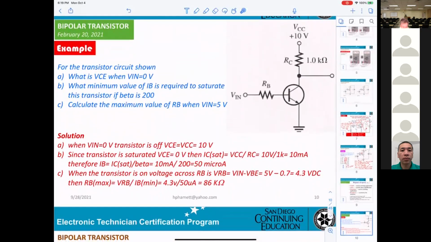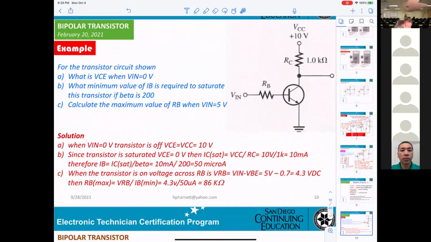Now, for this circuitry here, for the transistor circuit shown, what is VCE when Vin equals 0? What is VCE?